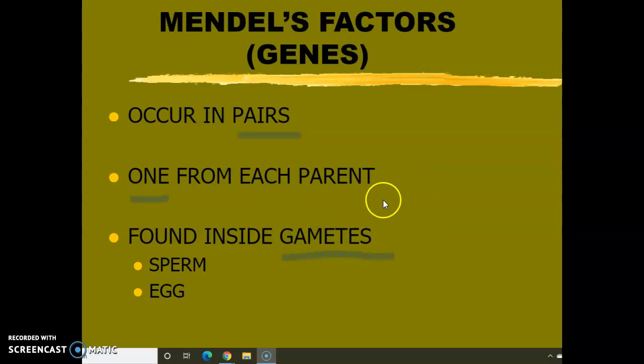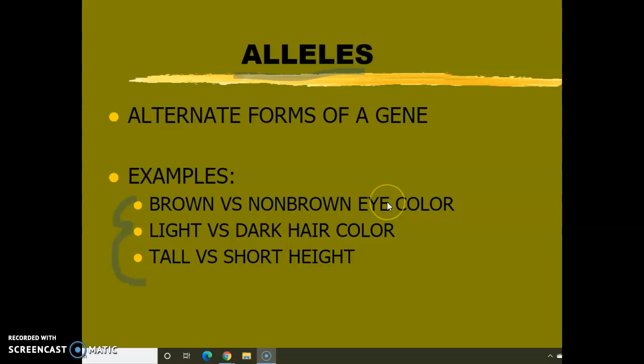All right, I'm sorry, I'm going to go backwards. 9, the alternate forms of a gene are called alleles, right here at the top. An example, brown or blue eyes, light or dark hair color, tall or short.